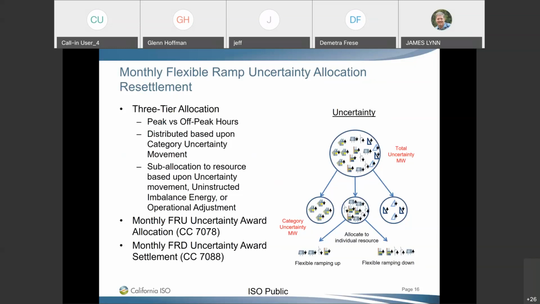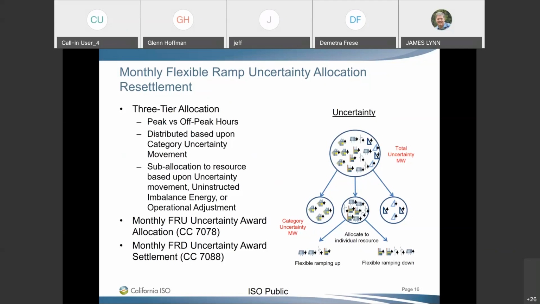So we created a resettlement of the allocation only. We reverse out all the daily allocations and reallocate at the end of the month, and we do it by peak versus off-peak hours.